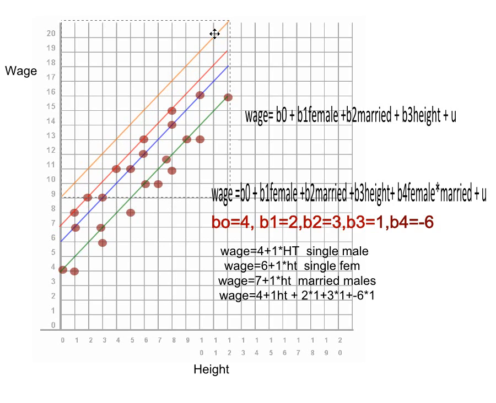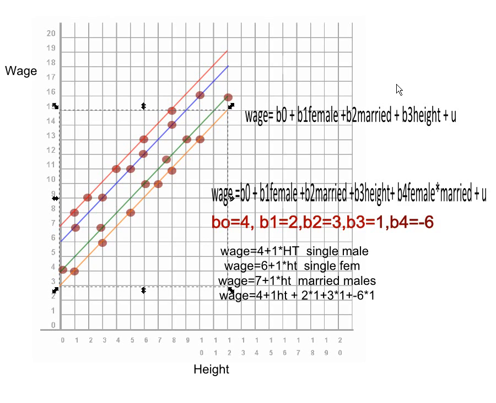Those two things interact together. Married females have a specific difference. This married female coefficient of minus 6 says, yeah, according to the math, we're going to add in the 2 because they're female. We're going to add in the 3 because they're married, but then we're going to subtract 6 because they're both. And these dots that the orange line is going through might be the married females in the sample.